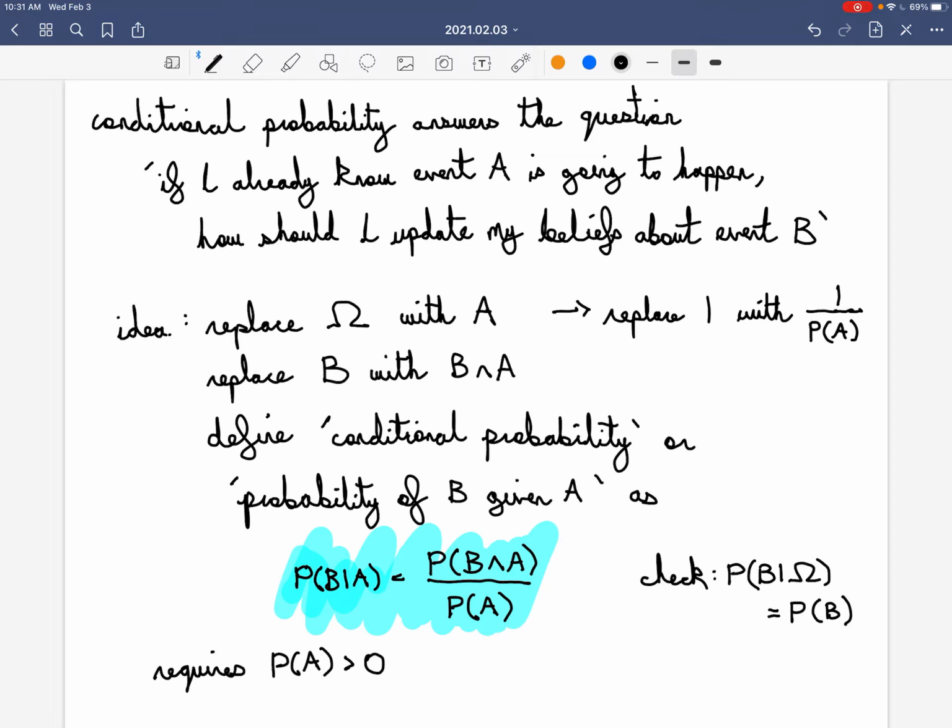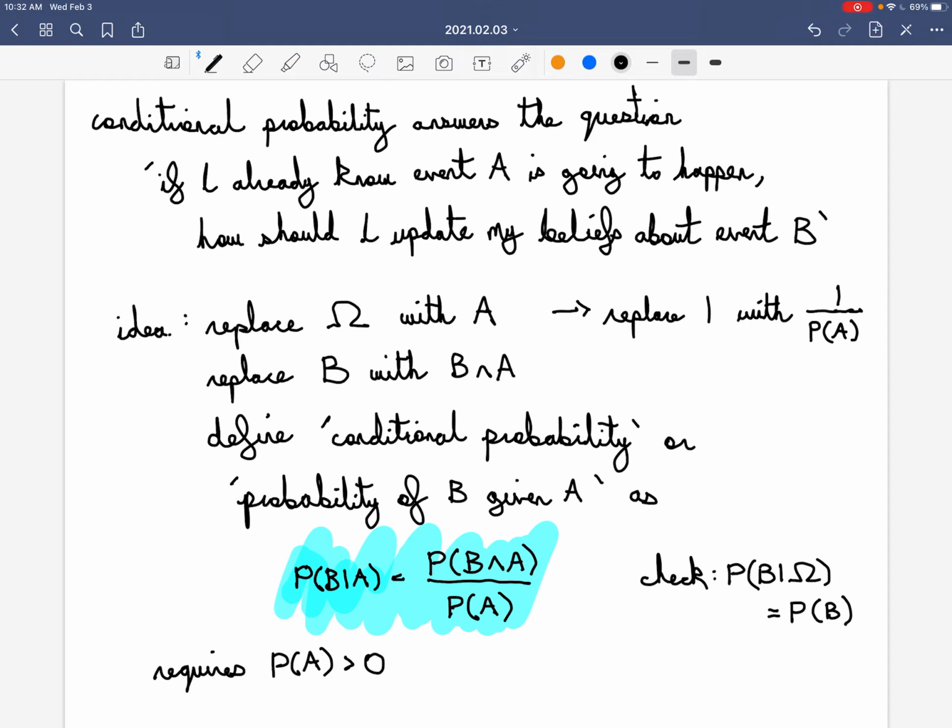Okay, so this lecture is about a concept called conditional probability. Conditional probability is a way of incorporating the following epistemological process into mathematical structure.